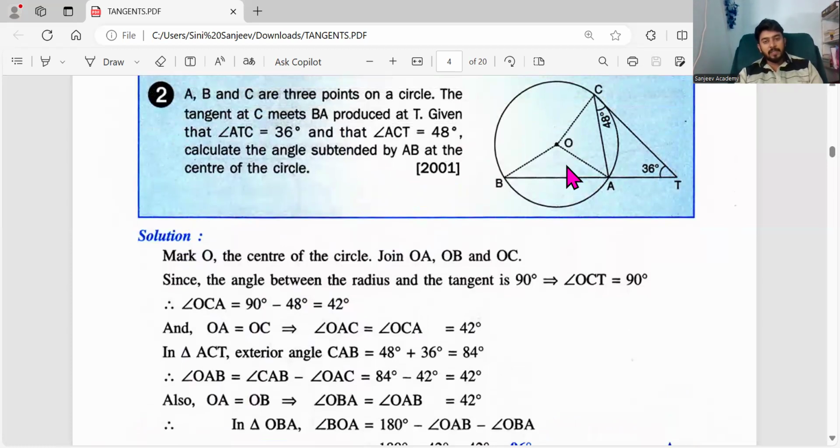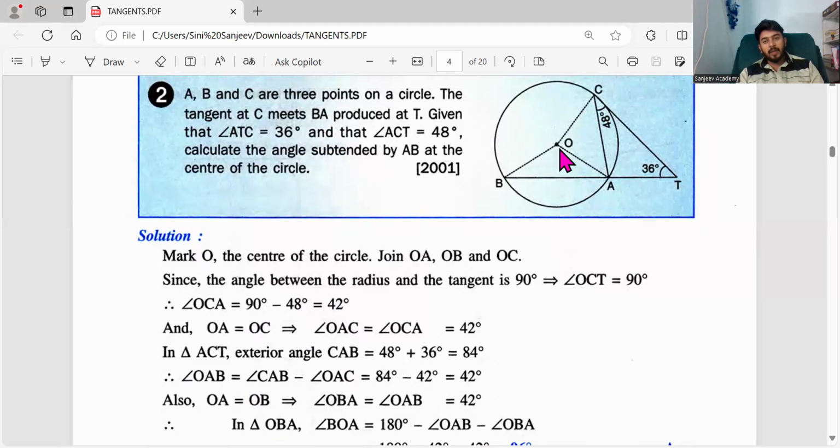First thing is we have to join OA, OB or OC, whatever it is. Correct. Second thing is what? What is my angle OCT? OC is perpendicular to the tangent. So OCT is 90 degrees. So if this is 48, what will be this value?